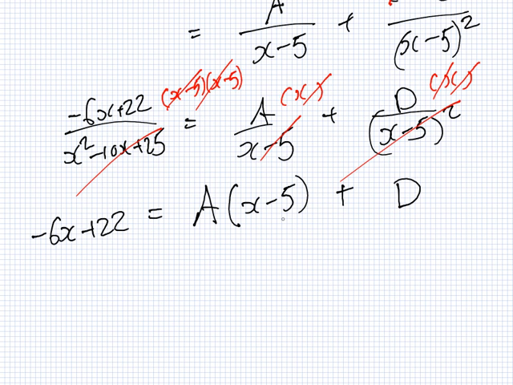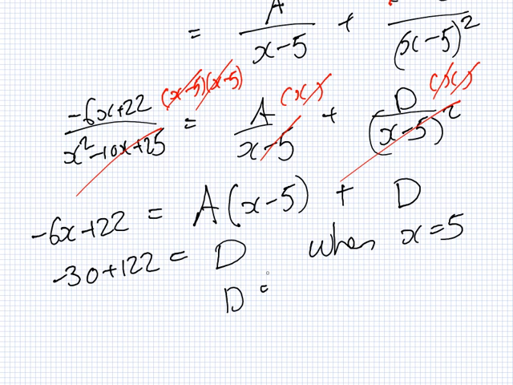So what value should you choose for x to make your life easy here? 5. So you get minus 30 plus 22 equals D when x is 5.